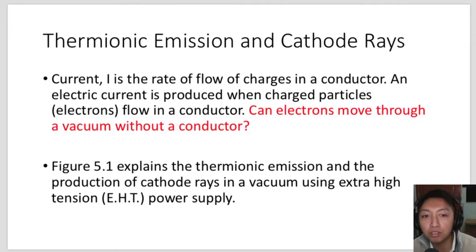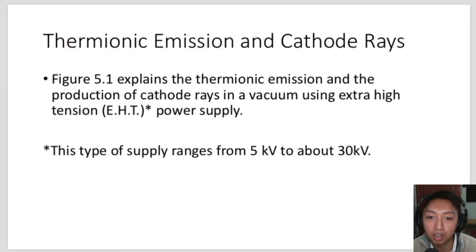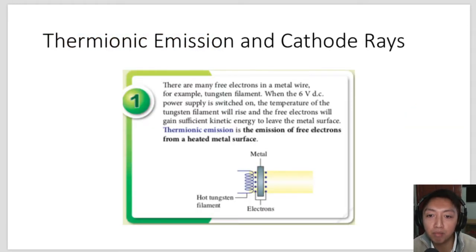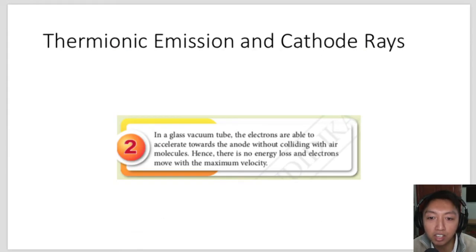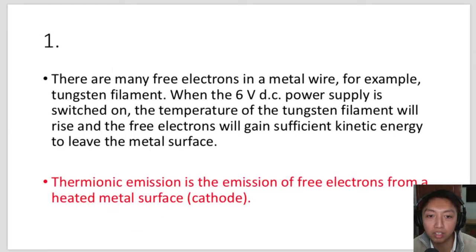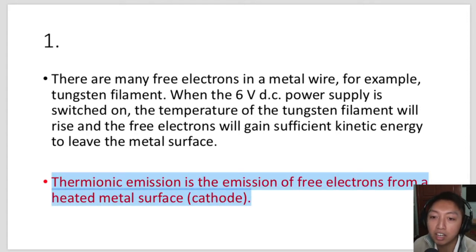And we can do that using something called thermionic emission. All right, so what is thermionic emission? This is in the textbook, but it's a bit small, so I'm just going to read. Thermionic emission is basically the emission of free electrons from a heated metal surface.